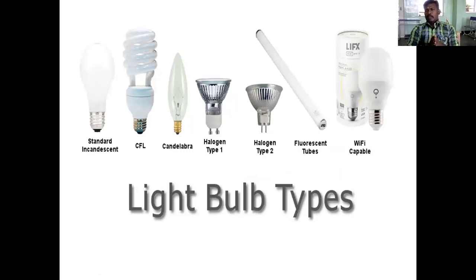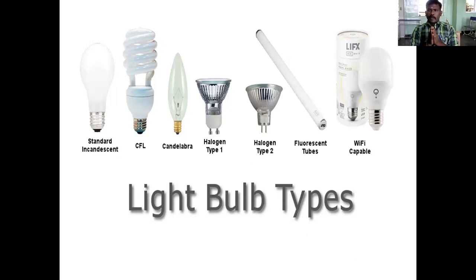See the next one. These are the several light bulbs we are using in our homes. Some of the bulbs are called LED, light emitting diode. Some are LCD, and some are called tube lights. Some tube lights produce light in green color, some in red color, some in pink color.